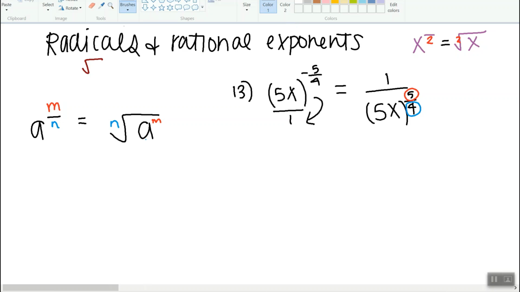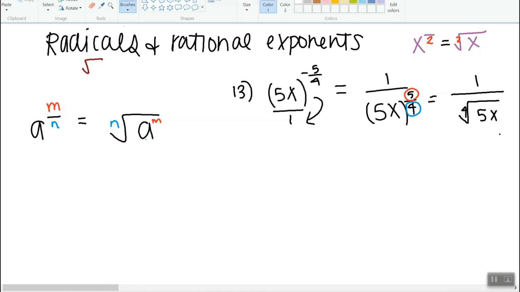And let's see what that would look like when we write it. I still have a 1 on top, just hanging out by itself, kind of lonely. And I know that this 5 is going to stay where it's at. I know that that 4 is saying the 4th root, so I'm going to go ahead and plug that 4 in where it goes. I know my 5x goes underneath the radical sign.